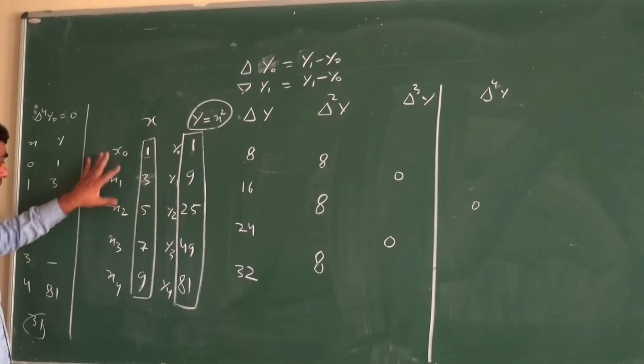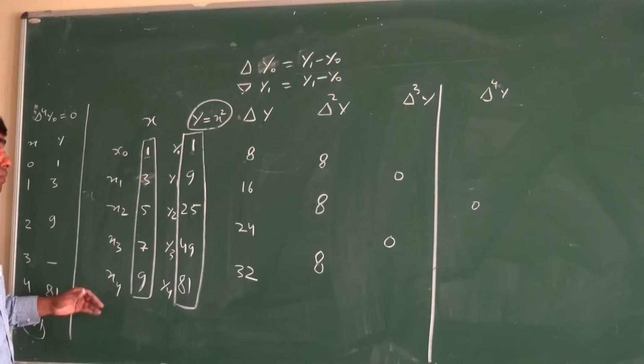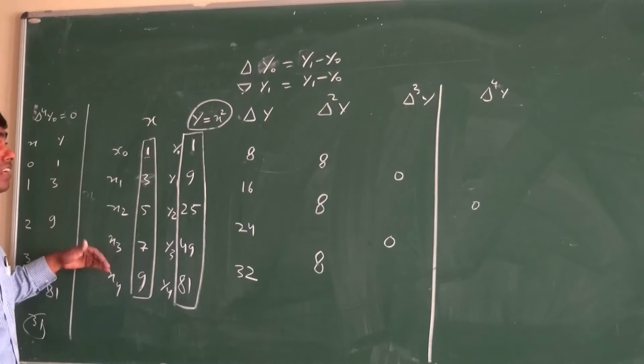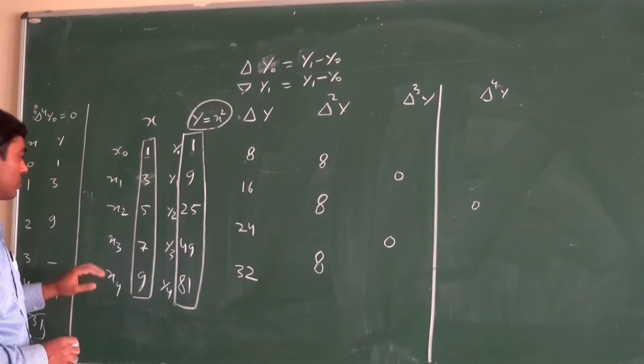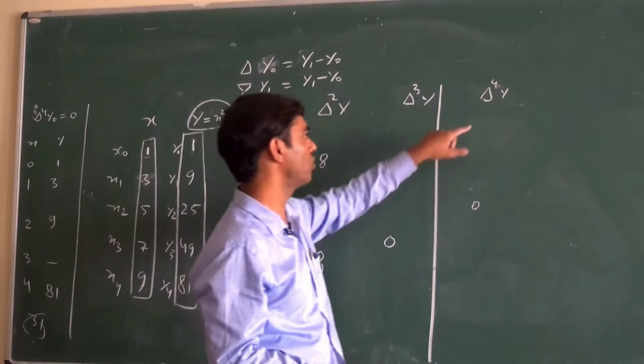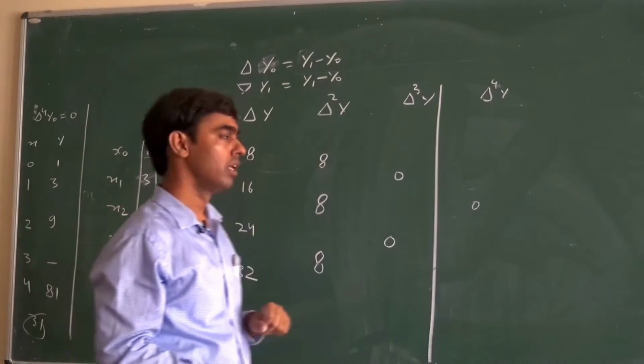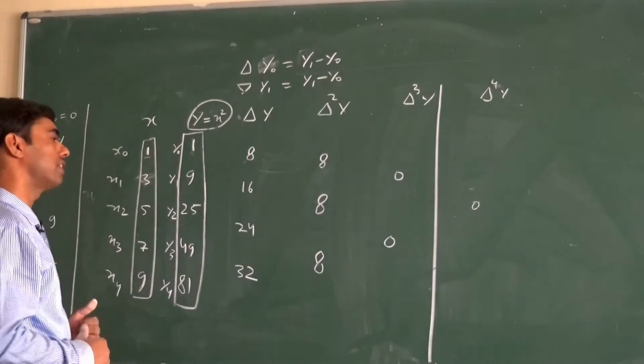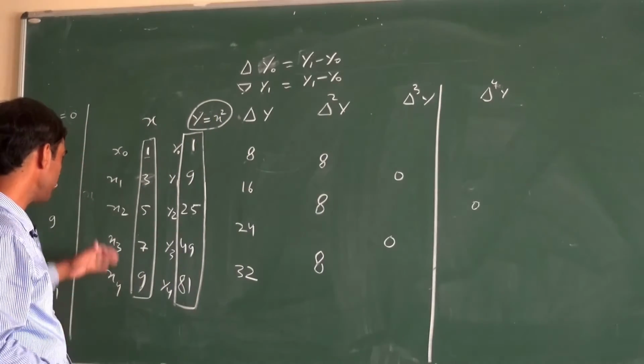So if there are n plus 1 terms, what is the maximum degree of a polynomial that we are able to fit? If there are 5 terms, the maximum degree of a polynomial is what? 4, because 5th onward differences become 0.